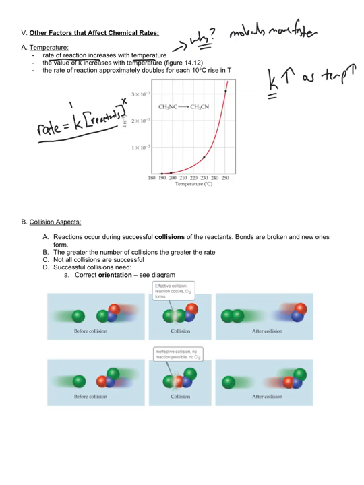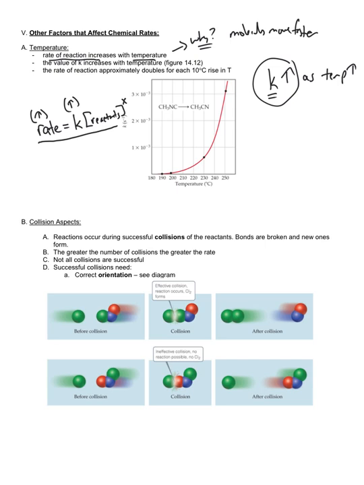If the rate constant increases as the temperature goes up, that's going to now cause the rate of the reaction to go up because the rate constant is larger. So yes, if the temperature of the reaction goes up, the rate of the reaction goes up because the value of k gets bigger as well.